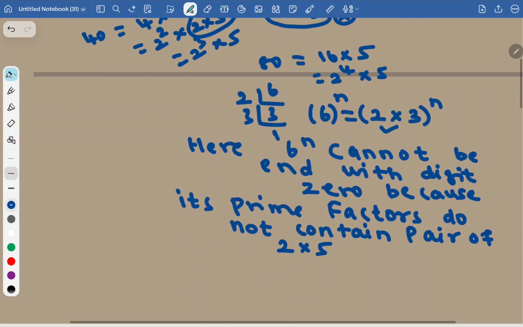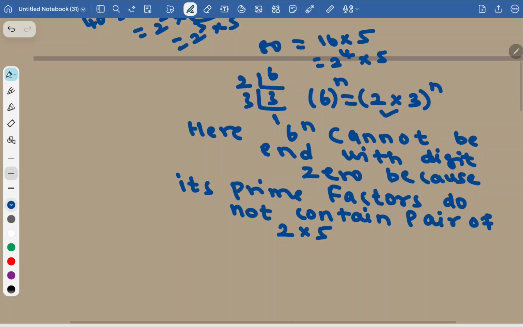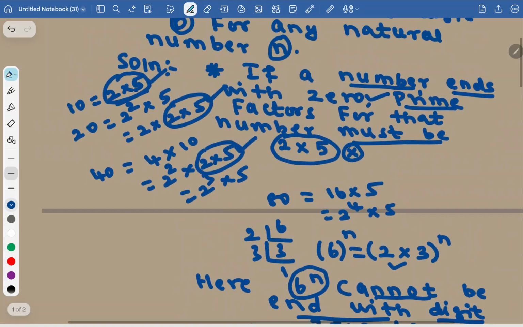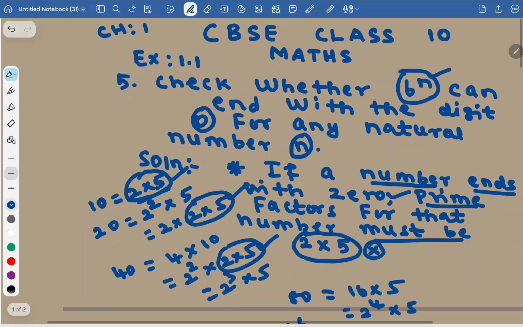But the factors are 2 and 3, not 2 into 5. Therefore, 6 power n cannot end with digit 0 because the prime factors of 6 do not contain the pair 2 into 5. This is the solution for problem number 5.